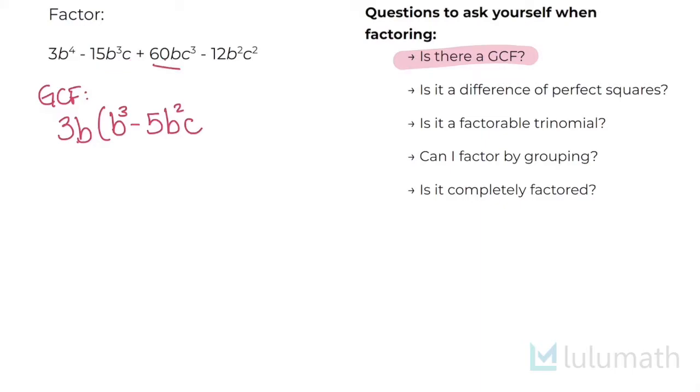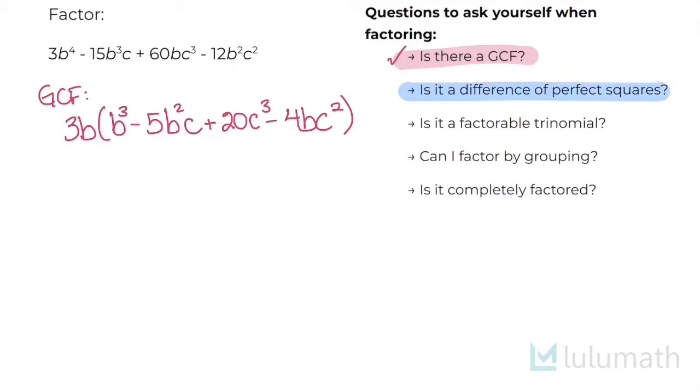In my third term, 60 divided by 3 is positive 20. B divided by b cancels each other out. And then c to the power of 3 divided by a single 1 is going to be c cubed here. And then lastly, when I divide negative 12 by this 3 here, I end up getting negative 4. And then b squared divided by b to the power of 1 is b. And then c squared is going to just tag along. So I've taken out my GCF.